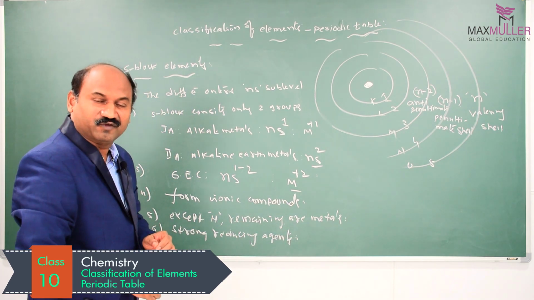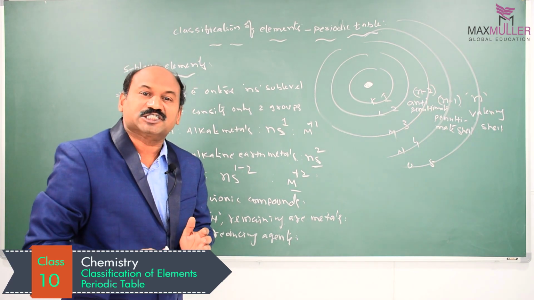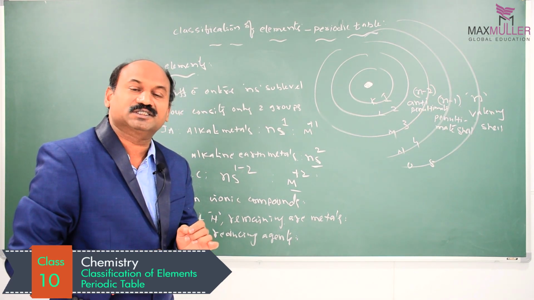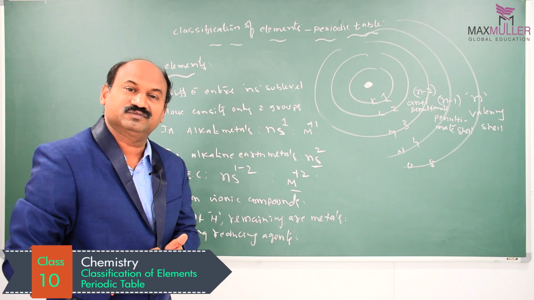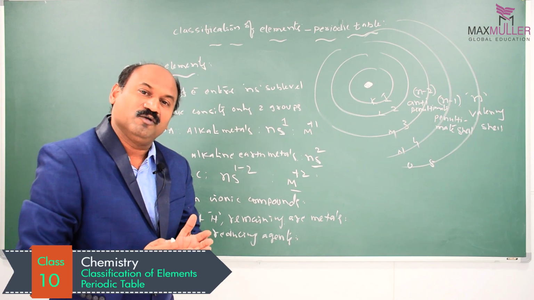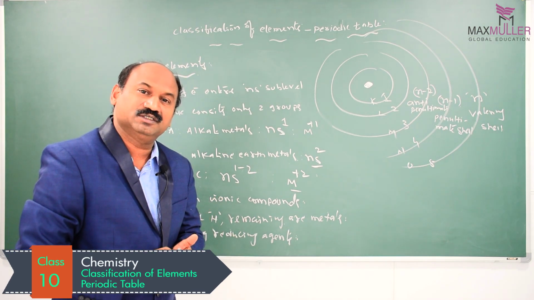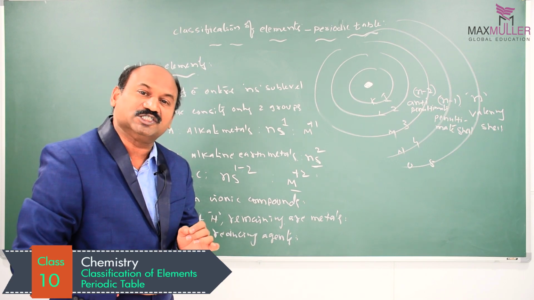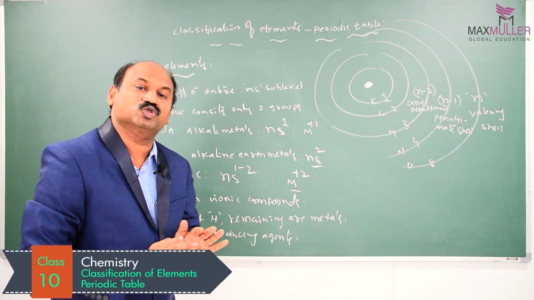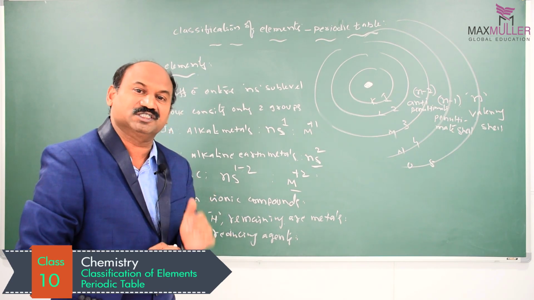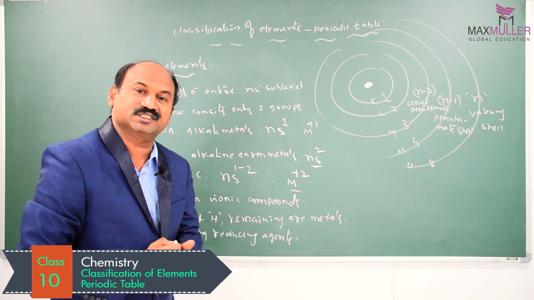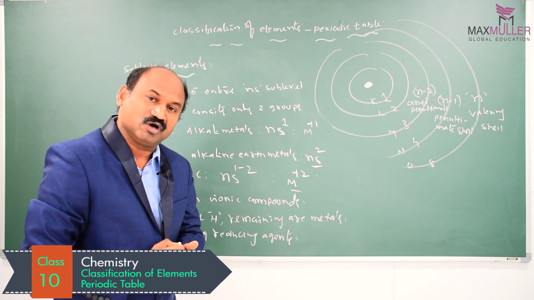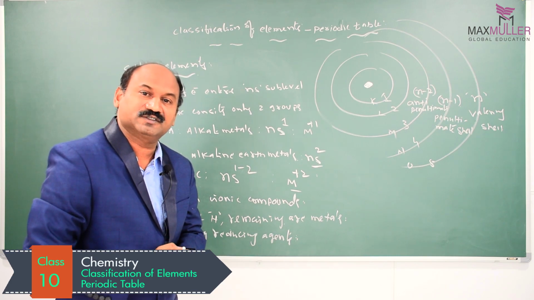And finally, these s block elements exhibit fixed valency. That means alkali metals exhibit +1 oxidation state. They form only monovalent cations. Alkaline earth metals form divalent cations only. They have fixed valencies, fixed oxidation states. So this is all about s block elements.